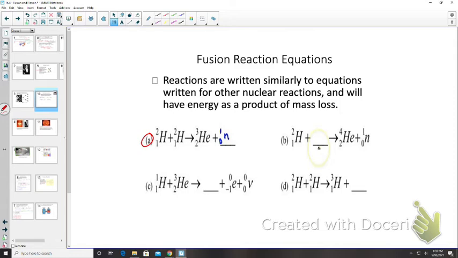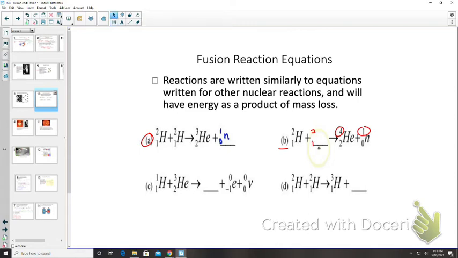So on this one, for B, if we have 5 as my mass number going out, right? 4 plus 1 is 5. Then this one must be a 3 for that to be conserved. Okay? Now we need to balance our atomic number. So going out we have 2, and we only have 1 going in, so this must be 1.